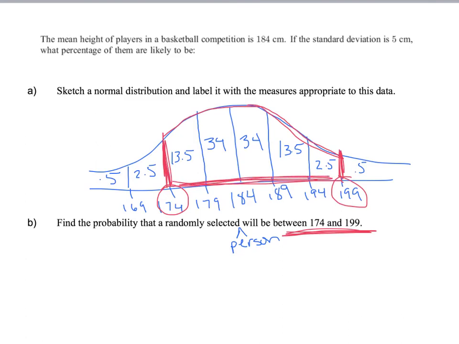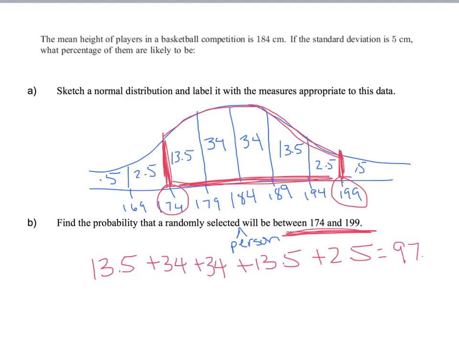So all I want to do is add up my parts: 13.5 plus 34 plus 34 plus 13.5 plus 2.5. That is going to equal 97.5, which is a percent. As a probability, a lot of times it's just written as the decimal, 0.975. Either one is acceptable.